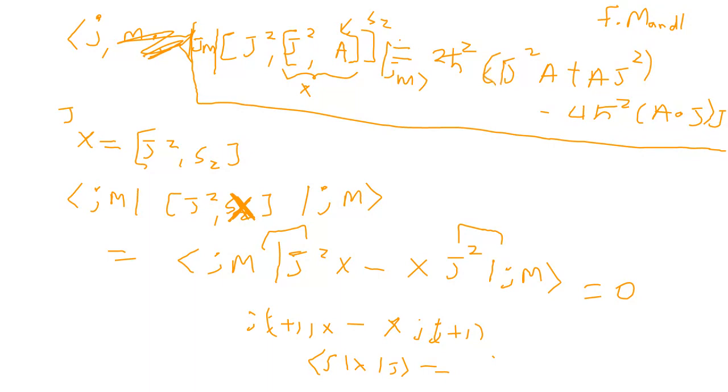And this is what I'm looking for in the Zeeman effect, because this is something like S dot J, S_z on J. This is the operator that I'm looking for, and these types of things I know how to do.